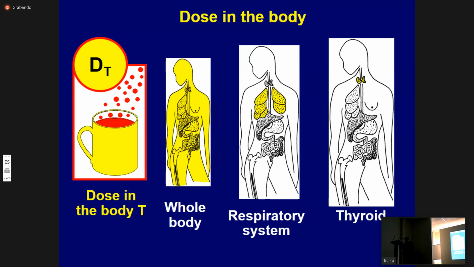There are many problems that make it impossible to directly measure the dose of an organ. For example, it is impossible to directly place a dosimeter in an organ.